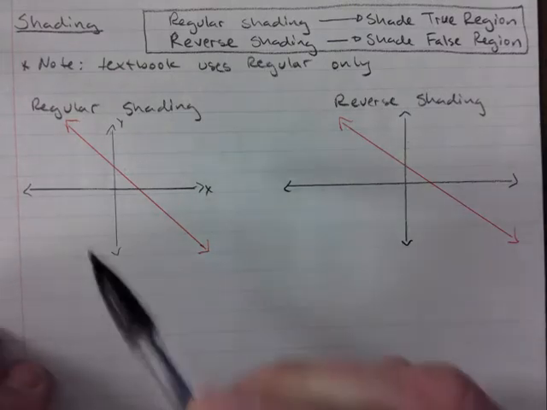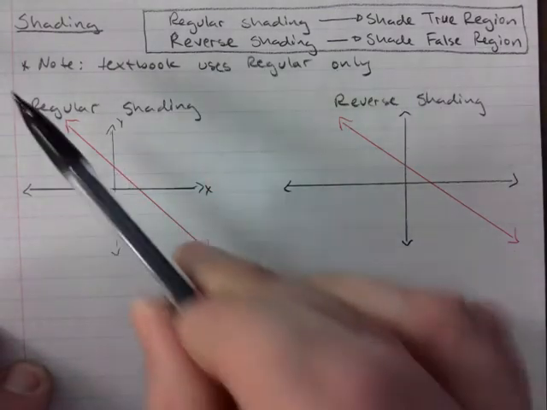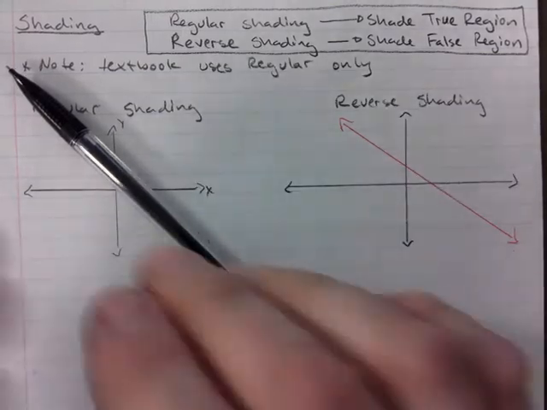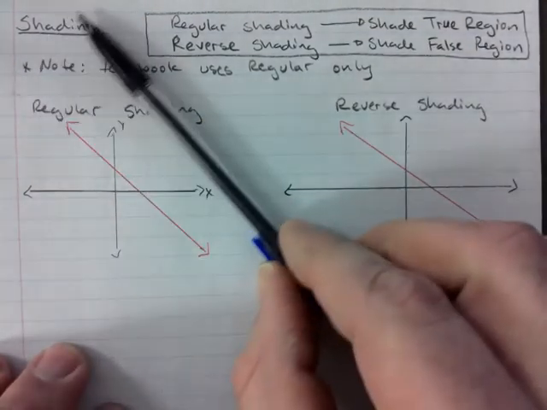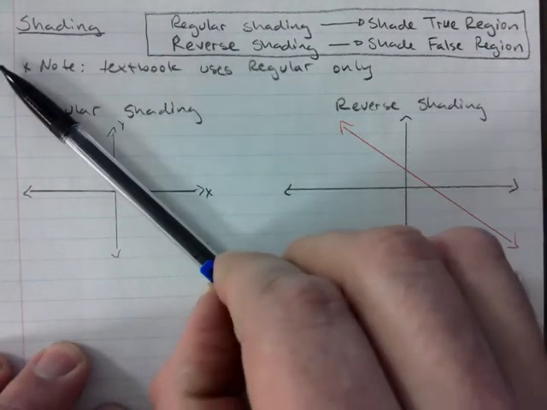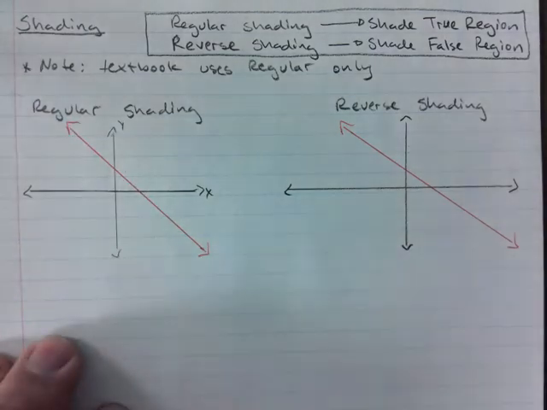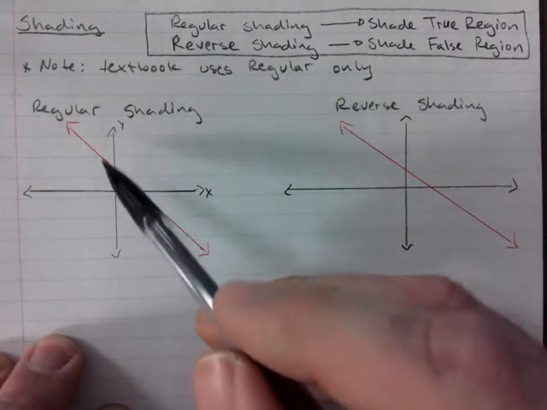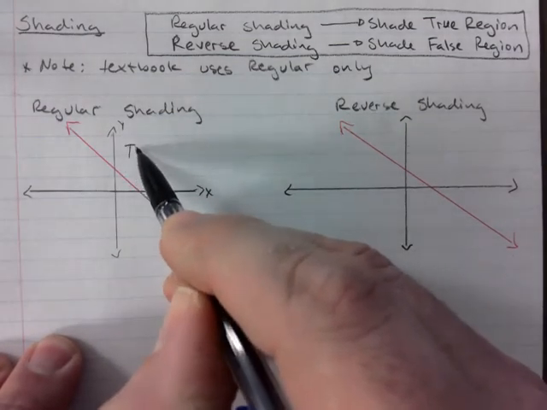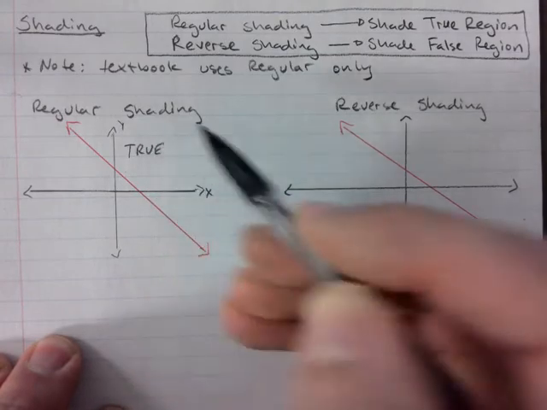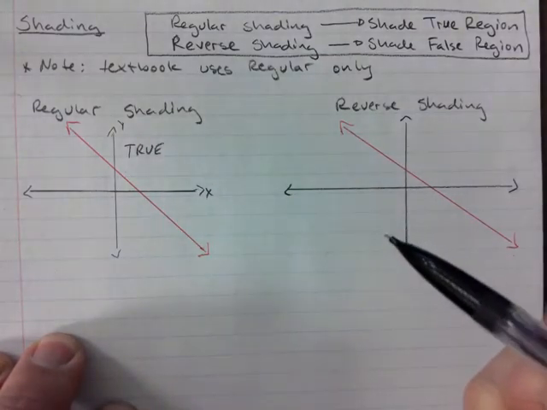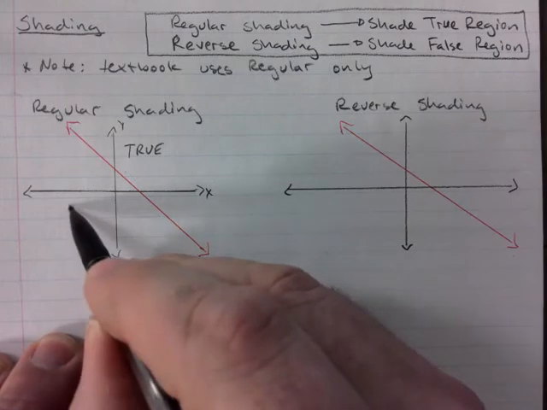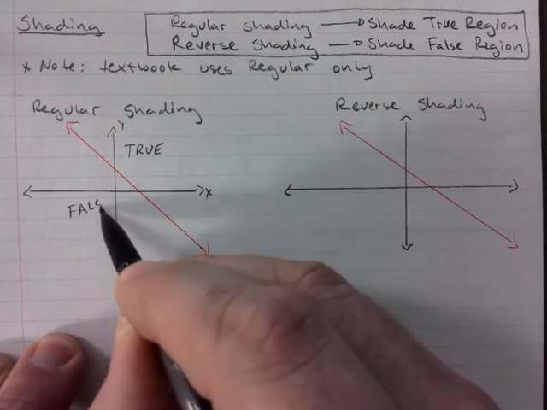Watch this. This line, the red line, created two panes. There's a pane above it and a pane below it. Let's write true here. If there's a true region and it's above, then below it is assumed to be the false region.